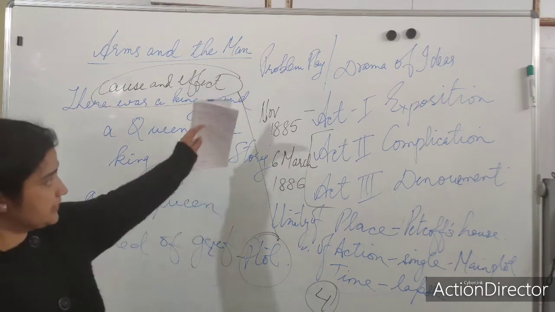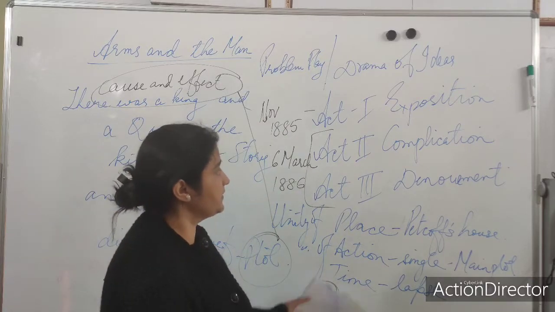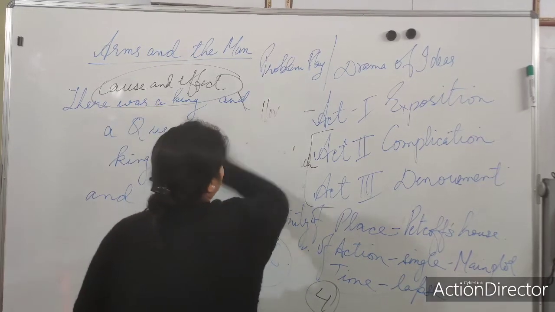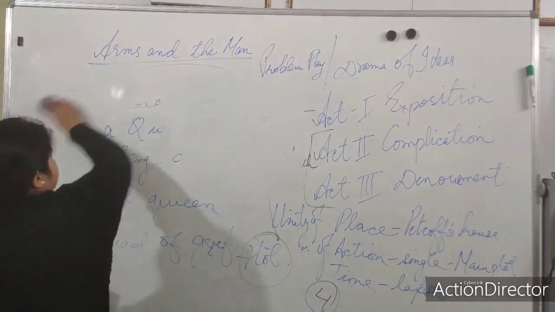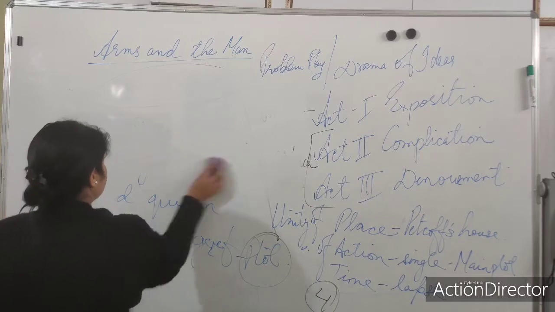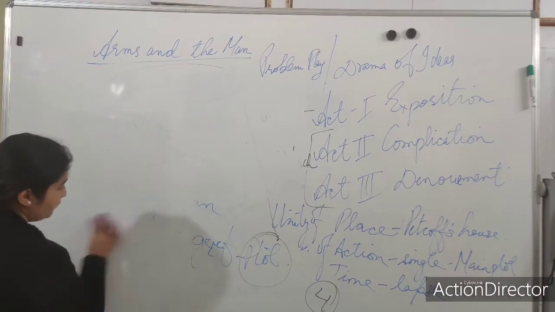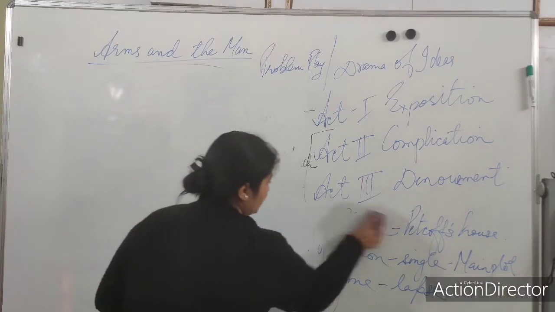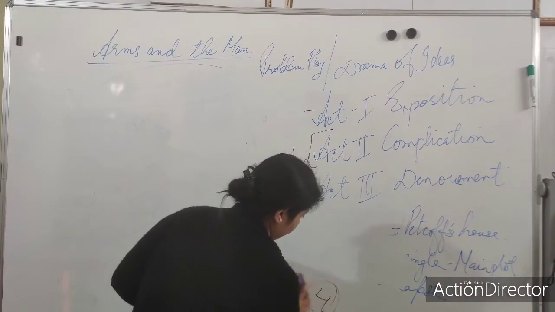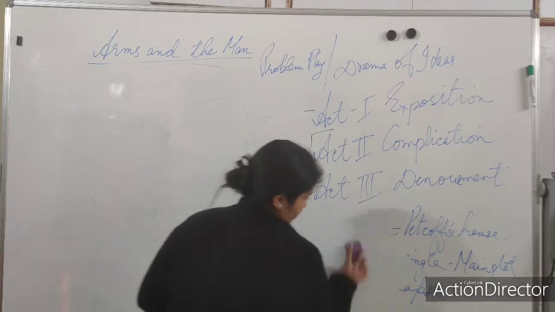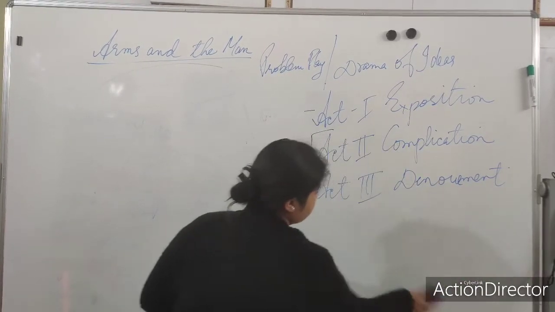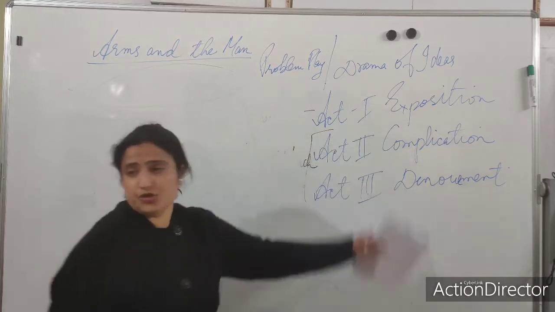Okay, so this is the main aspect as far as the structure of your play is concerned. Now, if I have to briefly give you a small summary, or not the summary, let me say the story outline of the play, how it goes about. You know, as the play begins, I told you exposition.